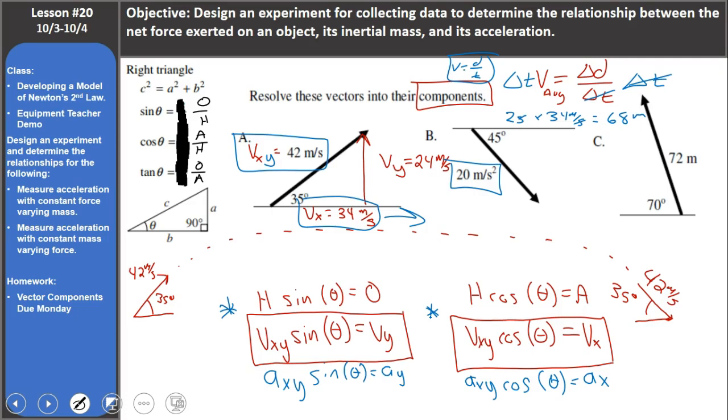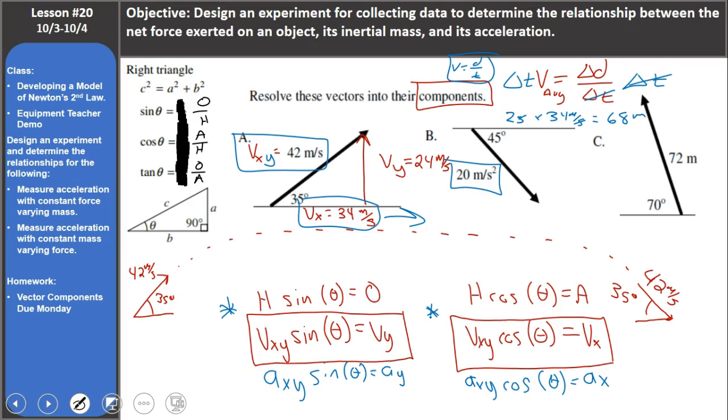Once you get these two down, the other 4 are very easy. The tangent one, there's only one situation where you have to use tangent. There's a bunch of situations where you have to use inverse sine, inverse cosine, inverse tangent. Okay?